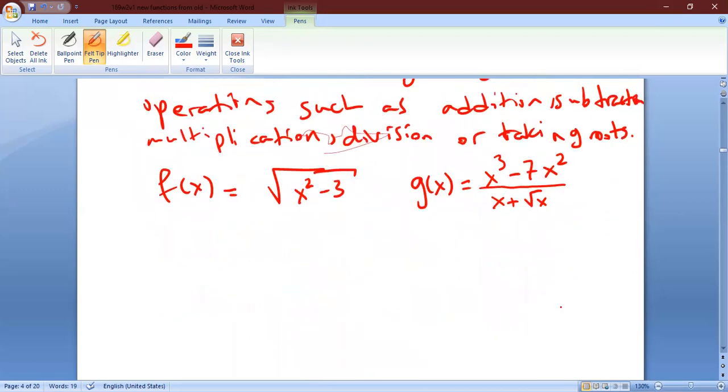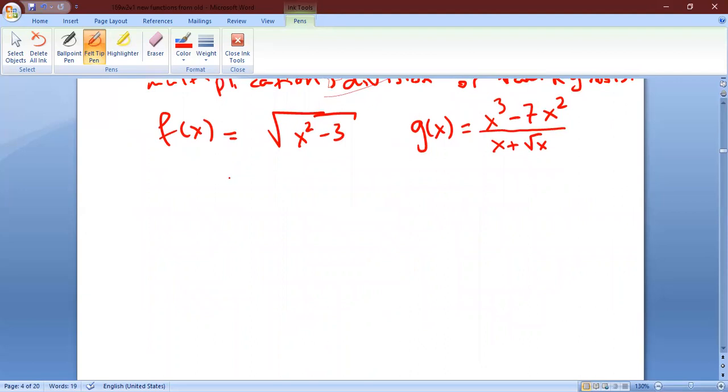And then the other way of obtaining functions is transformations. So what do I mean?